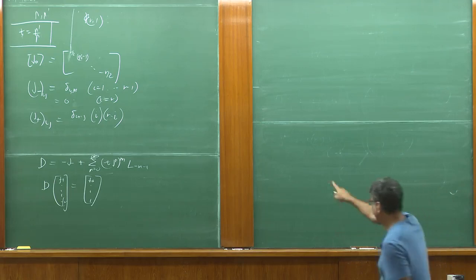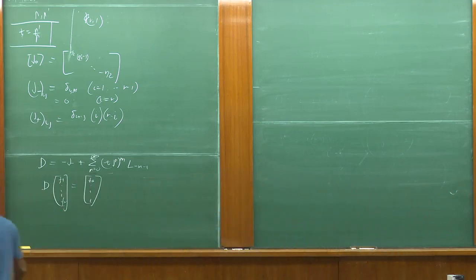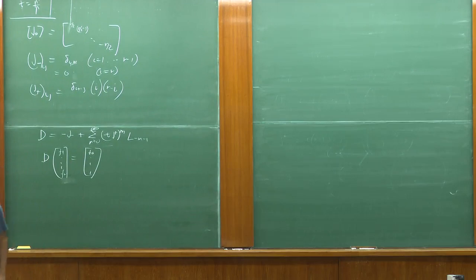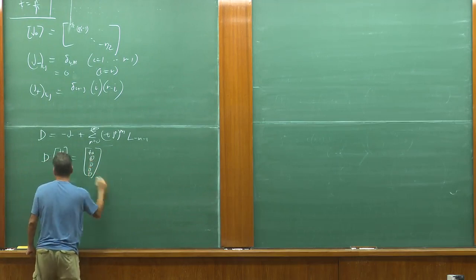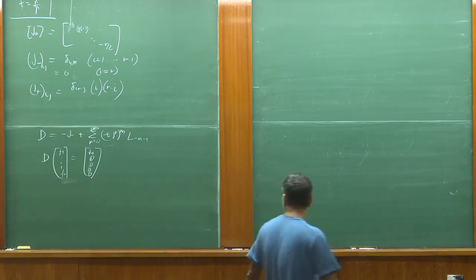So each of these f's are vectors in representation space. We looked at this equation D of f1 to fr was equal to f0, 0, 0, 0, 0. Now this was our equations for R minus 1 variables, the variables being f0, f1 up to fr.